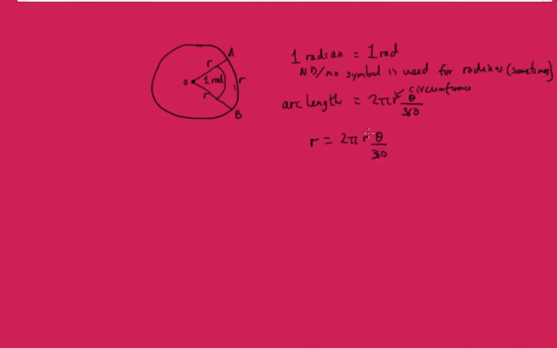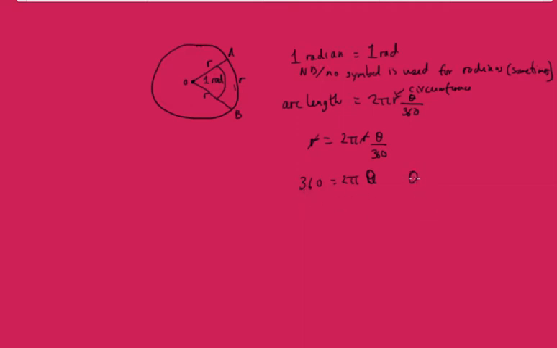Now, the r's can cancel, and let's bring the 360 over here. Remember, we've already said theta is 1 radian.